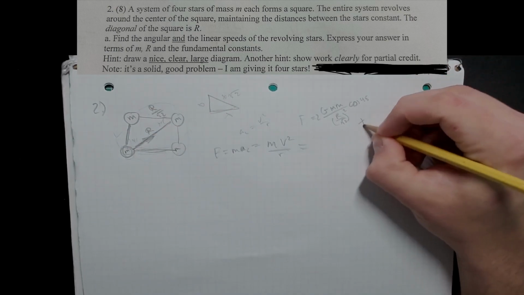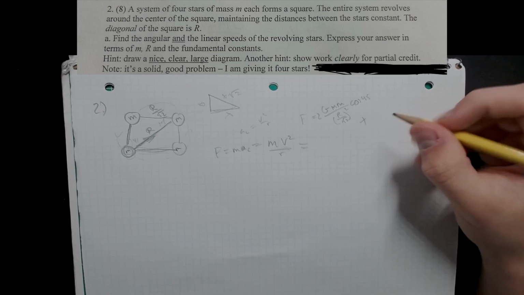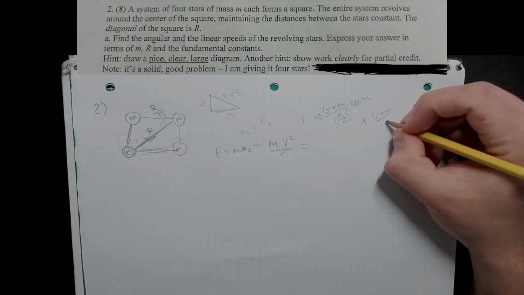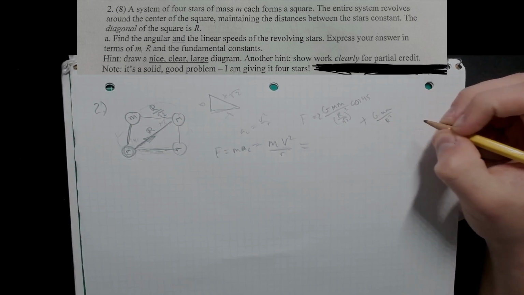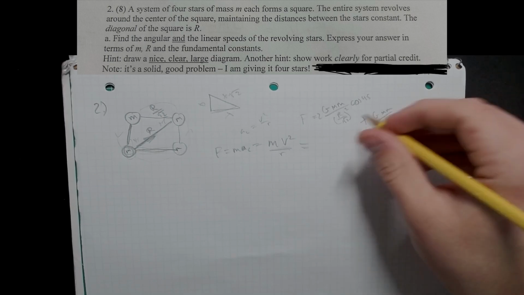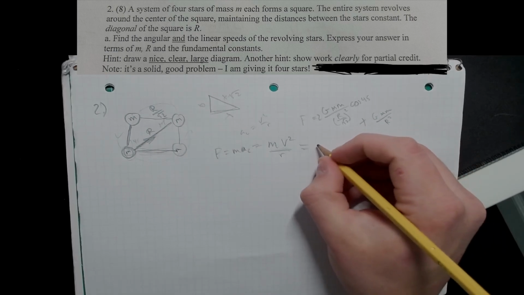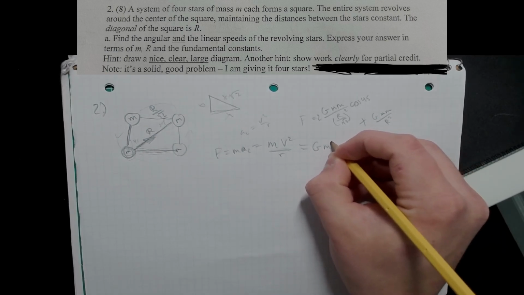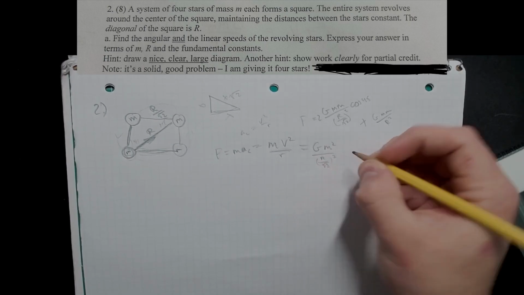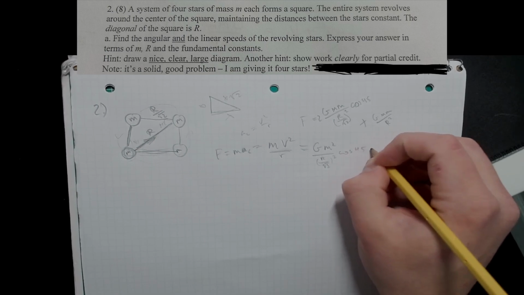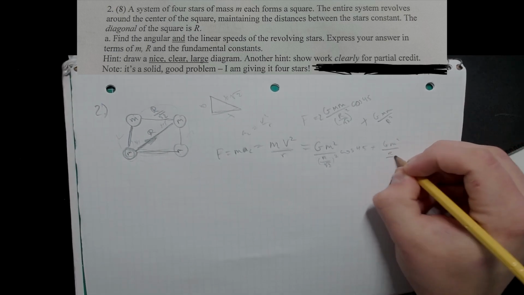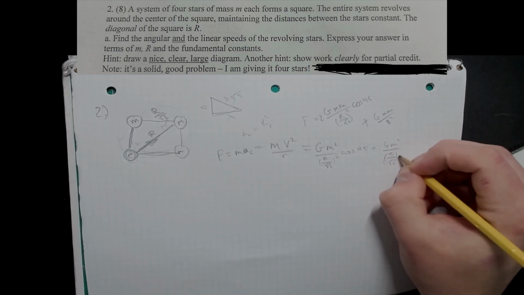And then plus, I know this is sideways, guys, and I apologize about that, the one from here, so plus G m squared over r squared. And that, guys, will be the first equation. So I'll write it down like this: G m squared over r square root of 2 squared, times cosine 45, plus G m squared over r square root of 2 parentheses squared.